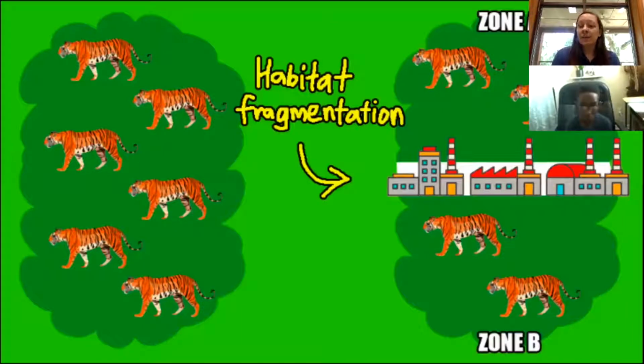So if you're not mixing the genetics, there's less variation in there. And if it goes on for long enough, the variation is so little that it can have a negative impact on these animals by giving them weird mutations that cause them to be less able to survive on their own.